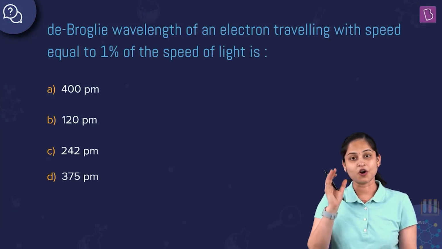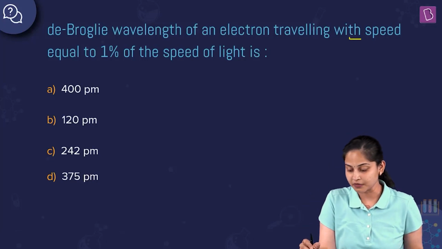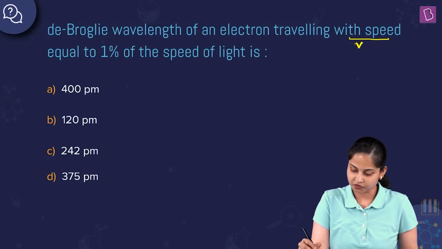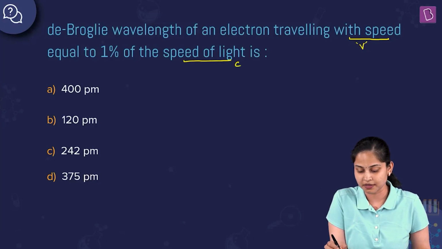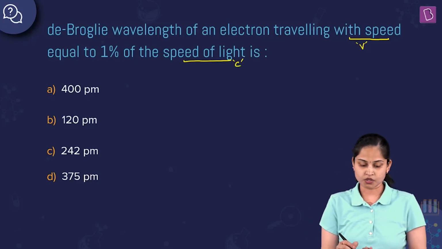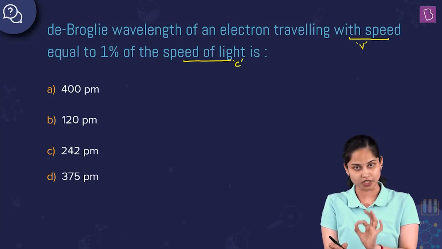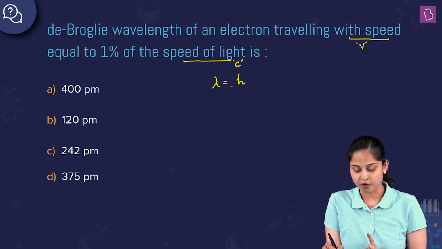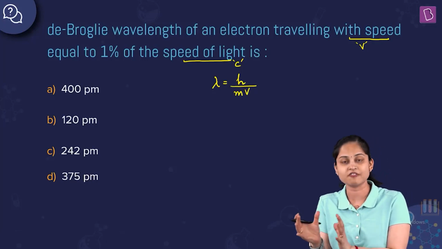The speed means V, and it is equal to 1% of the speed of light, which we represent by the term C. According to de Broglie equation, we have one expression for wavelength, that is lambda equals h upon mv, where h is the Planck's constant, m is the mass of the electron, and v is the velocity.